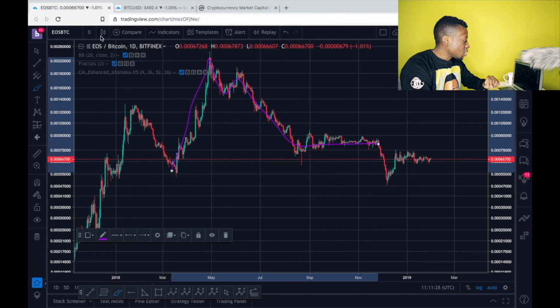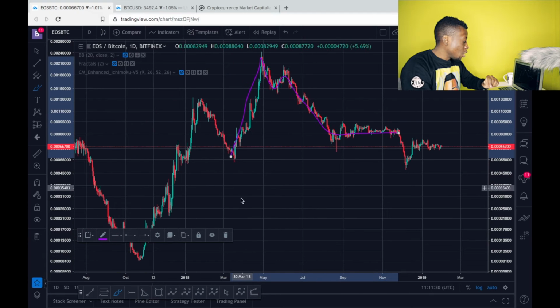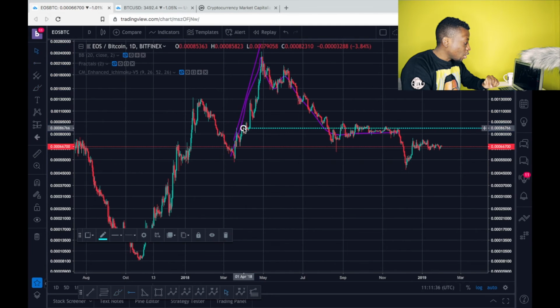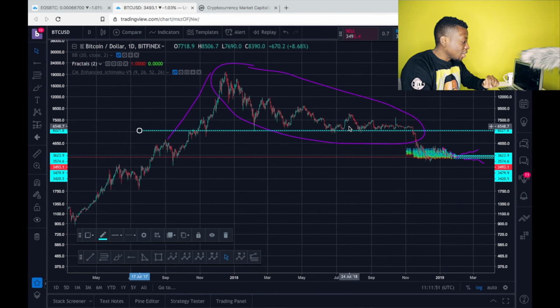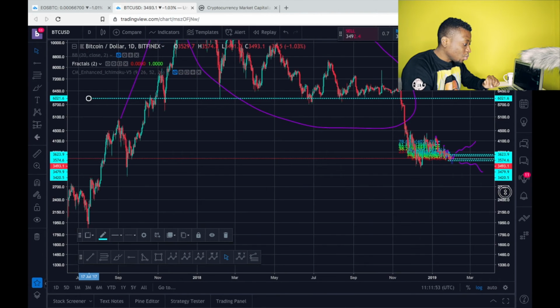So I think this is basically what happened with EOS. We had the upward momentum, then the corrective wave structure, then we finally broke below the support level, and we had this downward momentum, as you guys can clearly see. Then we had this upward correction, and this right over here is the same pattern that Bitcoin was going through a few weeks ago.